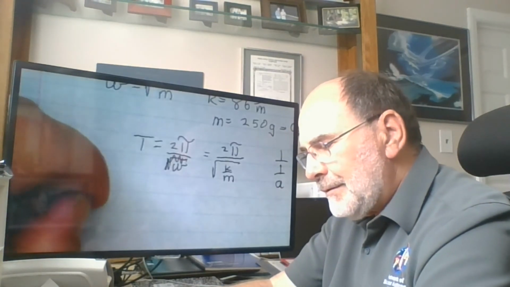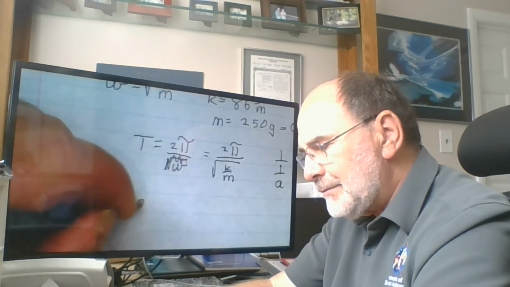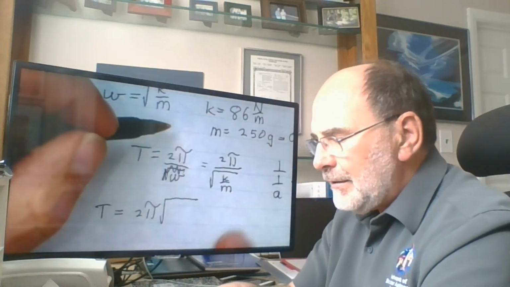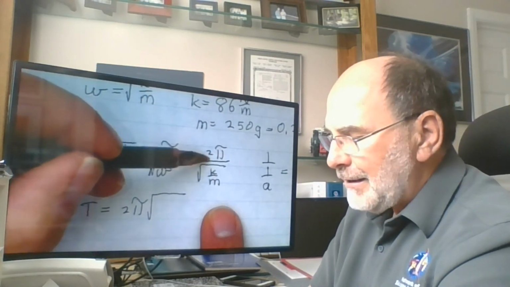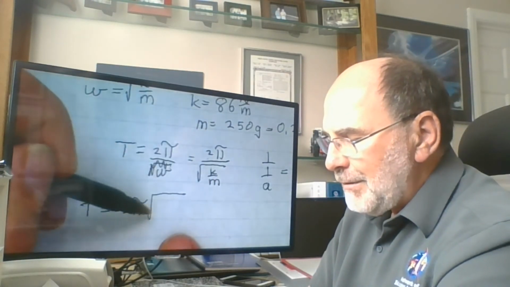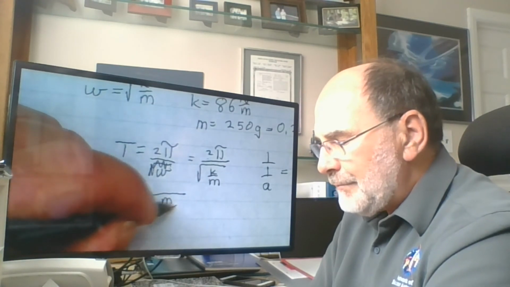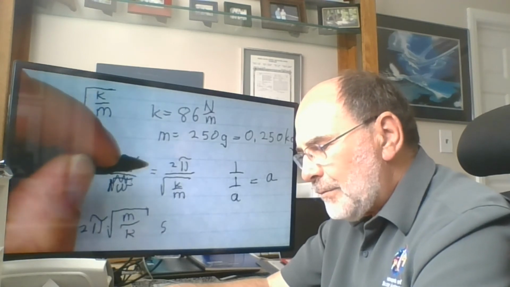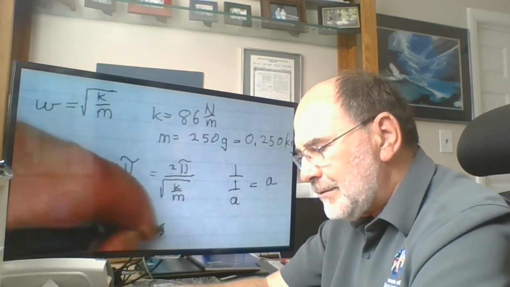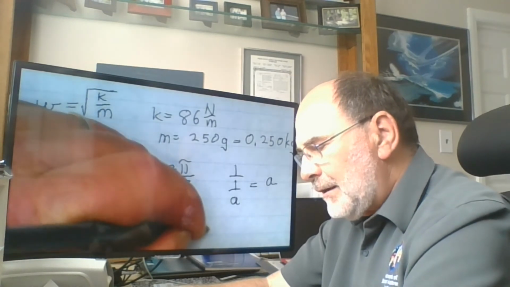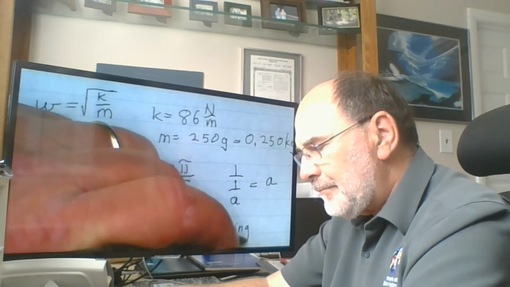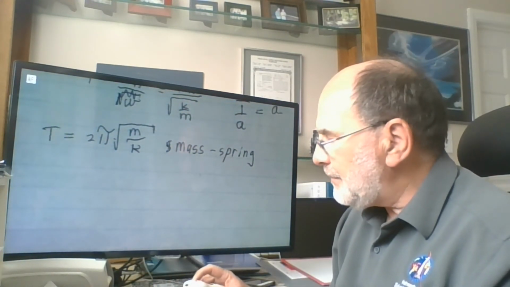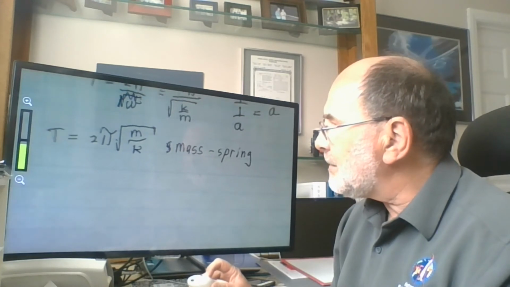So, period T is equal to 2 pi times the square root, and now instead of dividing by K over M, I'm going to multiply it by M over K. And this is the formula for the period of oscillation for a mass on a spring.